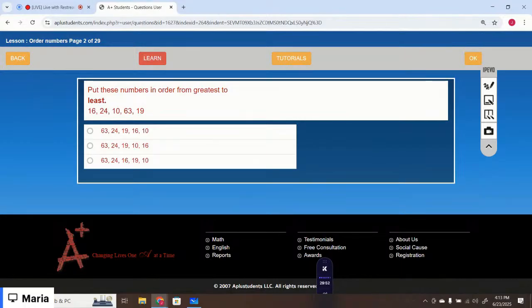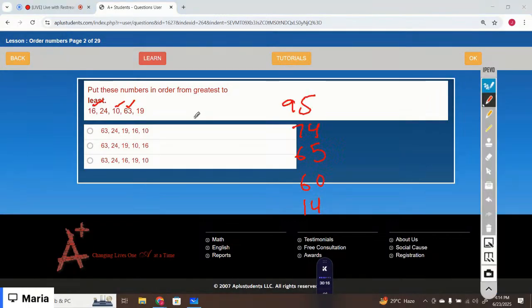Put these numbers in order from greatest to least. So which is the correct option? We have to arrange these numbers from greatest to least. So 16, 24, 10, 63, and 19.